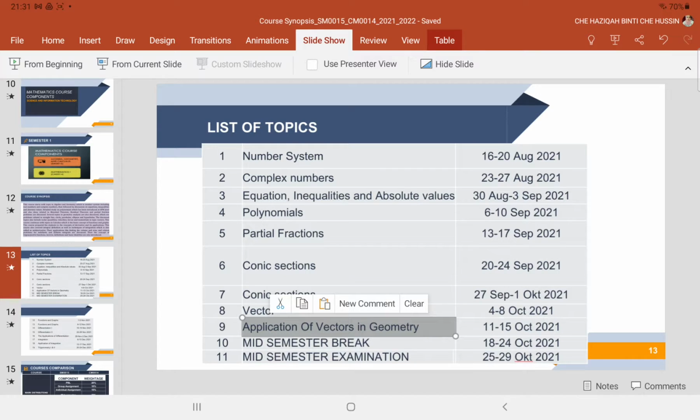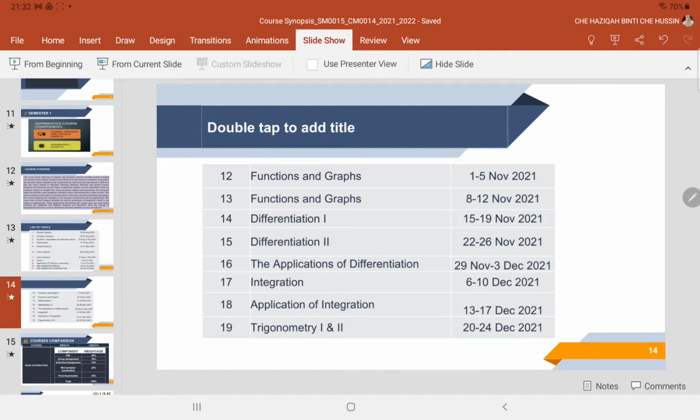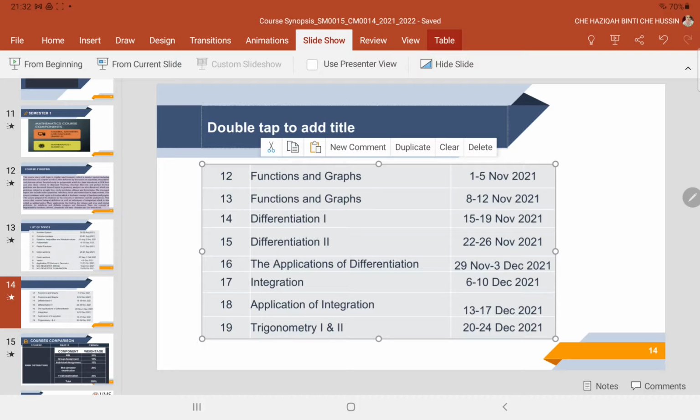After the mid-semester examination, we will have the mid-semester break, and then we continue with the calculus topics. Functions and graphs will be covered for 2 weeks, then differentiation 1, differentiation 2, and the applications of differentiation. Then we continue with integration and application of integration.